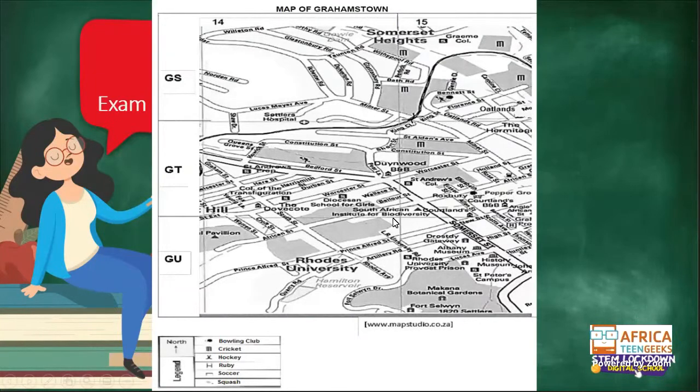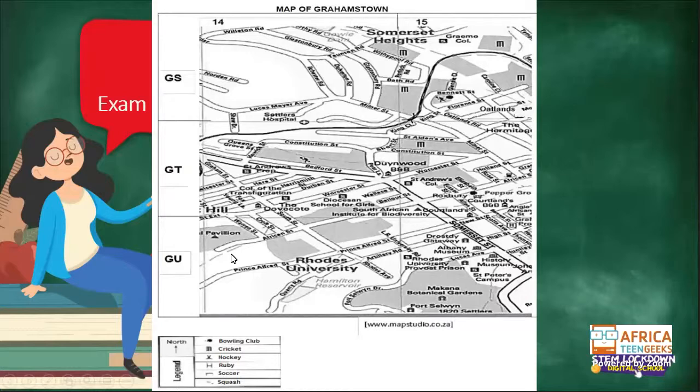With numbers on top, 14 and 15, and then on the side we have letters. And you can also see that there's a key, or a legend, same thing, with bowling club, cricket, hockey, rugby, soccer, and squash. And you can also see campus, with north pointing upwards.